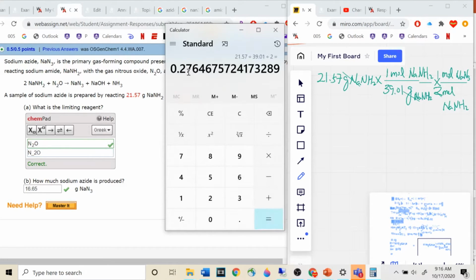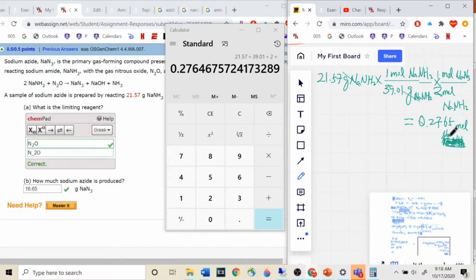And now, since the fewest number of sig figs in the question is 4, we'll keep 0.2765 moles of NaN3.